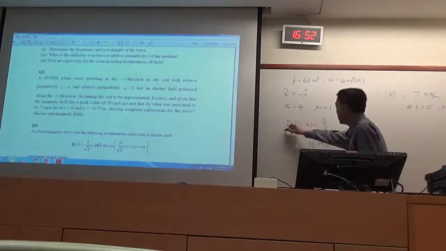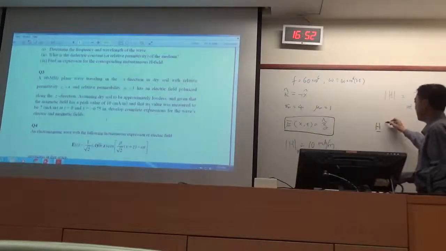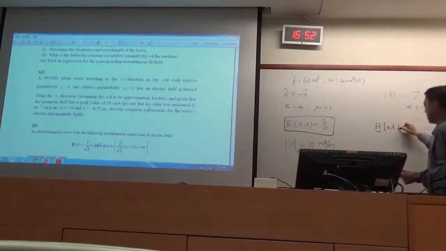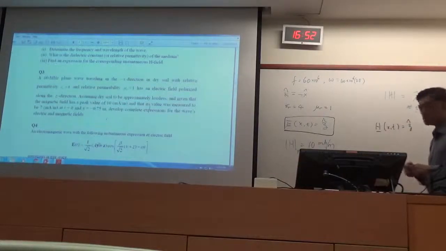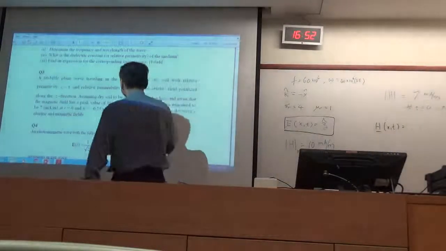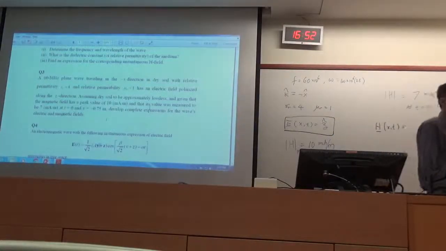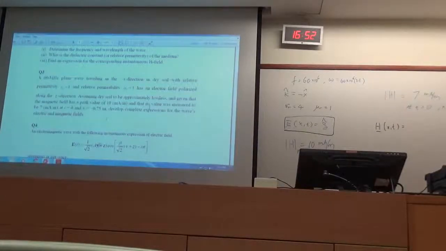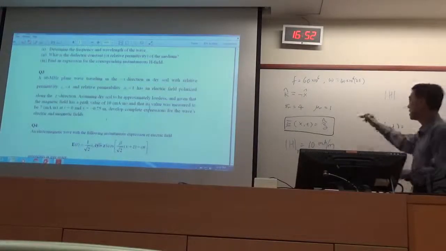Now, electric field and magnetic field, remember, they have polarizations. What is their polarization? Electric field is polarized in the z direction. What is the magnetic field polarization?